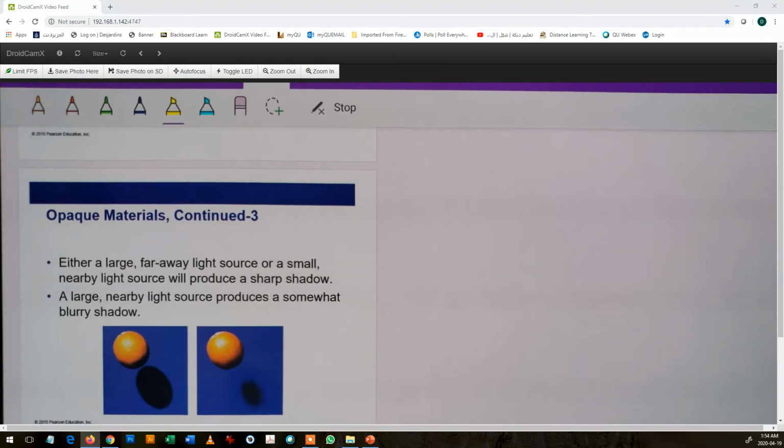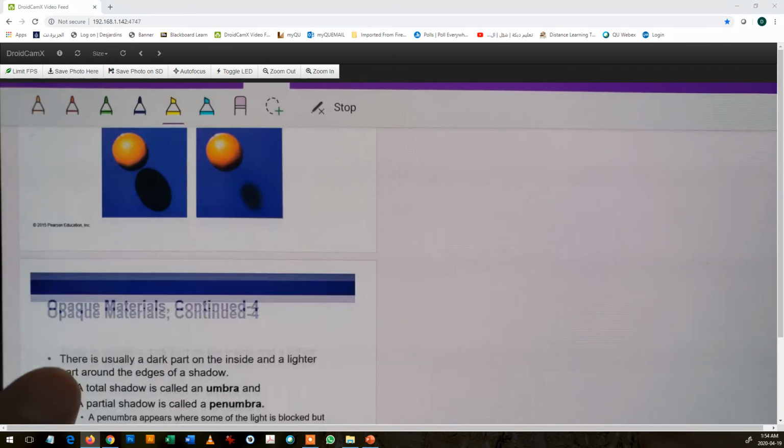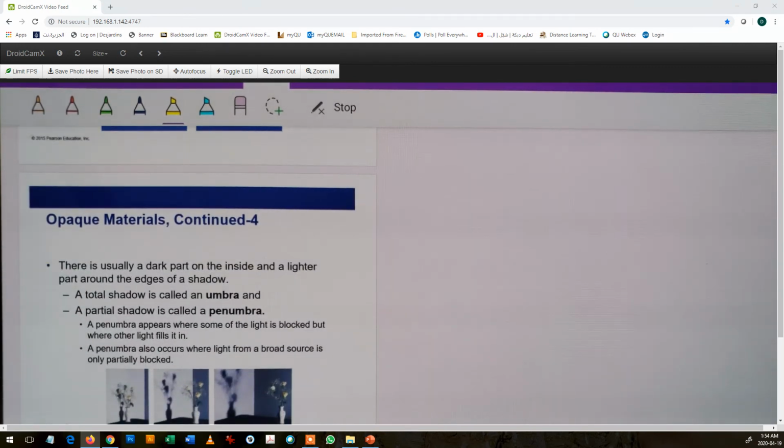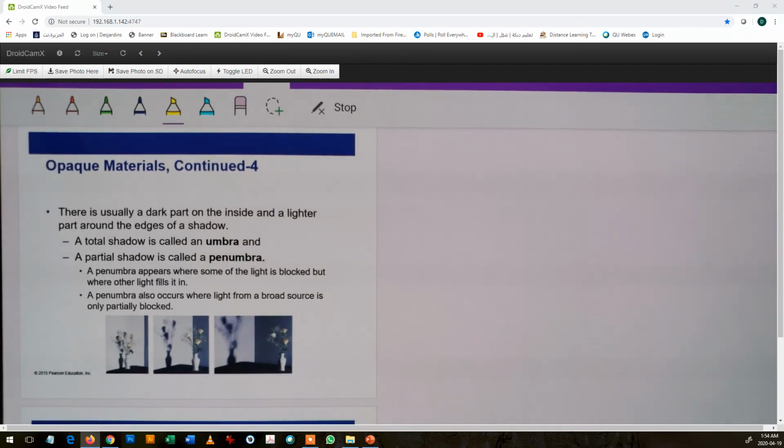Either a large faraway light source or a small nearby light source will produce a sharp shadow. A large nearby light source produces somewhat blurry shadows, like these two here. There is usually a dark part on the inside and a lighter part around the edge of the shadow.